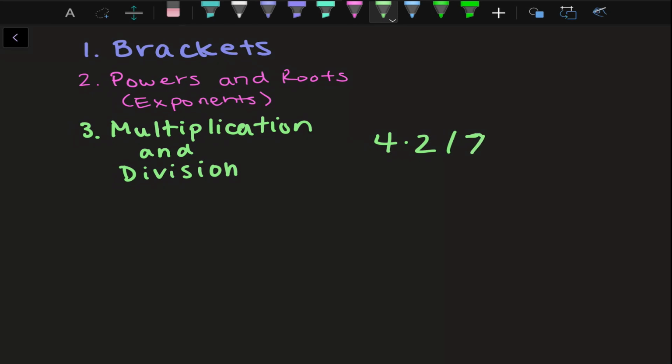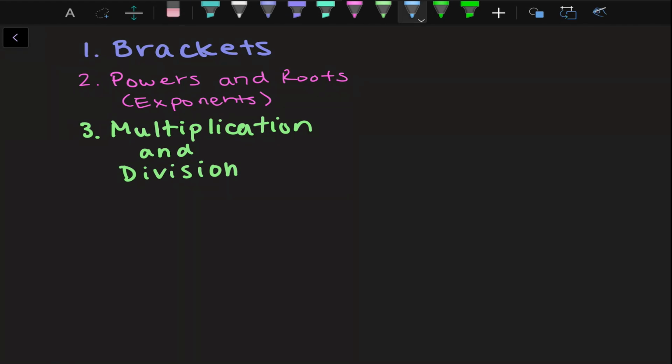That's not going to work out, but we'll say that. Okay, so that means that I can do 4 times 2 first, or I can do 2 divided by 7 first. Usually we're going to work from left to right then. That's what I would suggest, but it is definitely up to you.